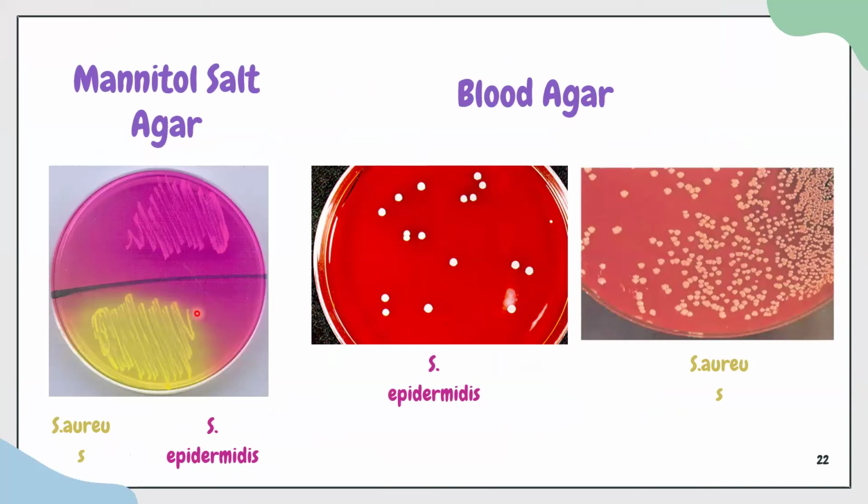On mannitol salt agar it's clear, but on blood agar there's some color. When we grow Candida, we don't grow it on blood agar. We grow it on SDA. So if there's no blood, you'll be confident it's Candida albicans.